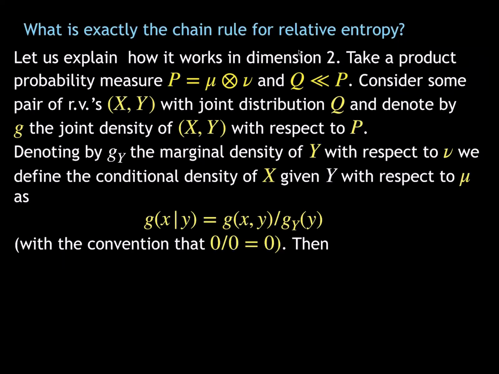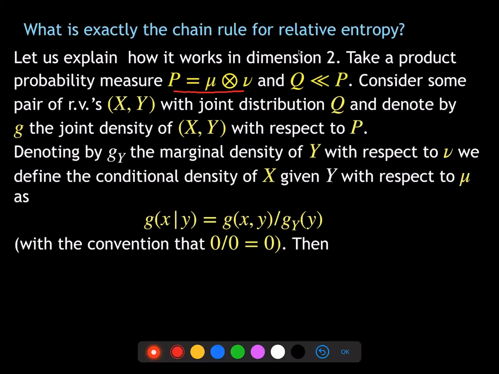You take P to be a product probability measure in dimension 2, and you take Q, which is absolutely continuous with respect to P. So you take a pair of random variables, x, y, which has joint distribution Q, and you denote by G the joint density of the pair xy with respect to P. Now, if you denote by Gy the marginal density of y with respect to nu, you may define the conditional density of x given y with respect to nu as the ratio between the joint density and the marginal density.